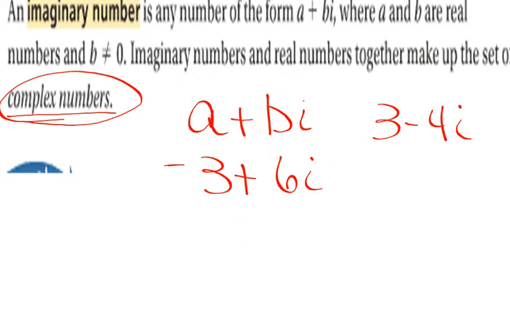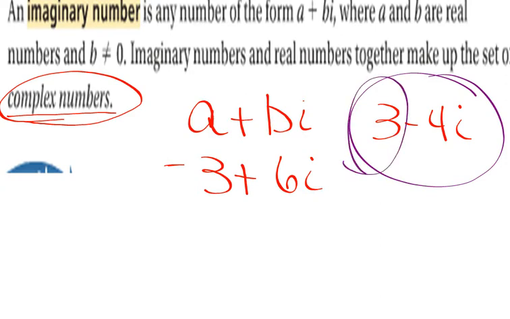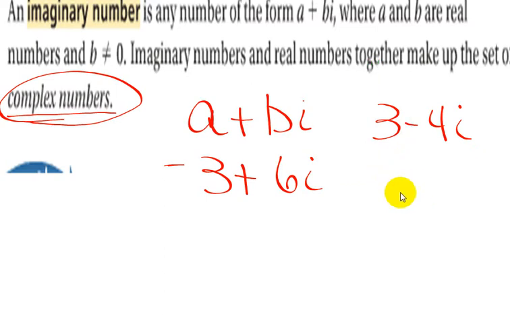So what about for this one? What's the real part? 3. And what's the imaginary part? 4i, or -4i. Okay? So everybody clear on that? These together make up a complex number. I use the example of a sports complex.